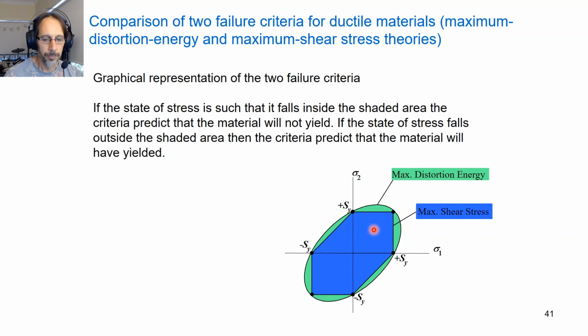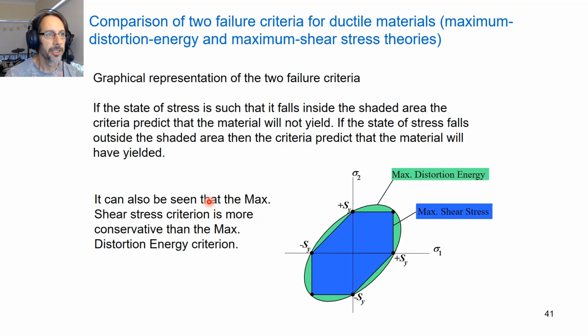So this is just a representation of the two criteria. So the maximum shear stress criteria, and then the maximum distortion energy criterion. And you can see that the maximum shear stress criterion is more conservative. Okay, so it will predict yield before the maximum distortion energy does. So for example, if we have a loaded component, we calculate the stress and we get to a point here.